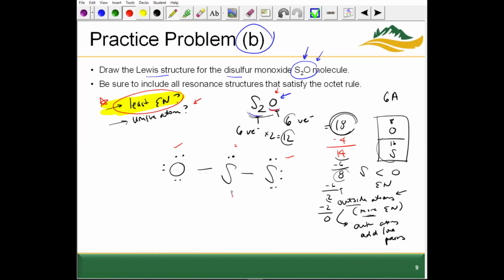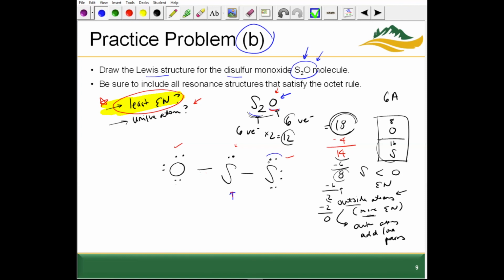This sulfur as is does not have a happy octet. To allow the central sulfur to have a happy octet, we should go ahead and try out resonance.